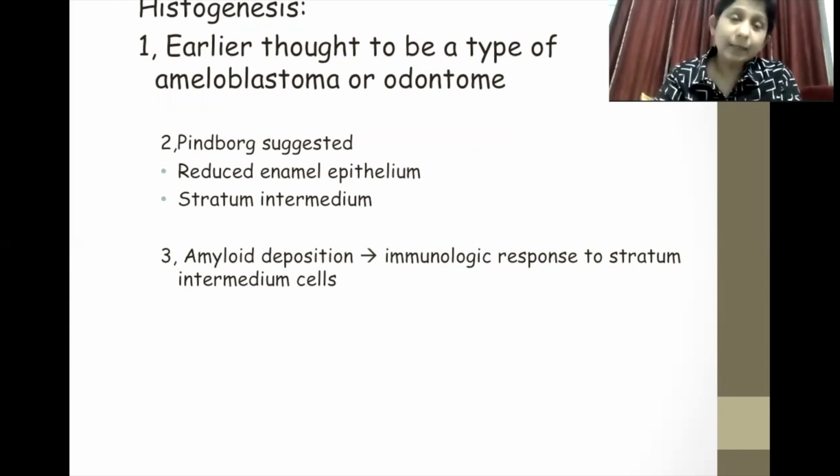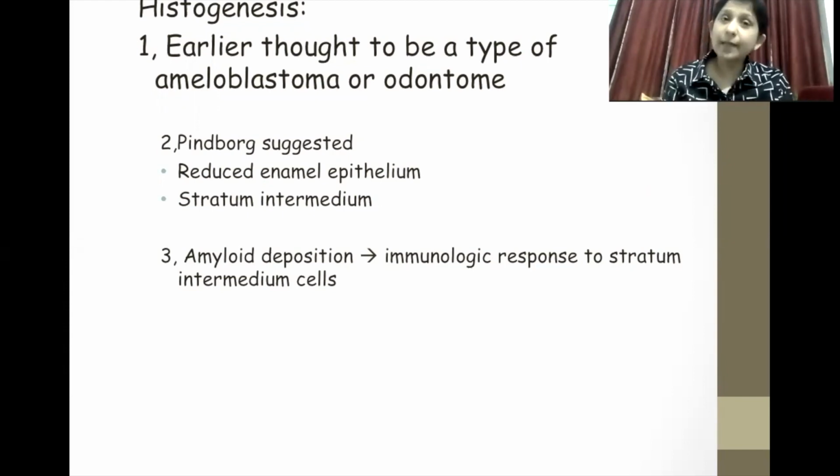Now, stratum intermedium is the squamous shaped cells which are seen very adjacent to the ameloblastic layer inside the enamel organ. And these stratum intermedium cells are very rich in alkaline phosphatase activity. So perhaps that is the reason why the calcifying epithelial odontogenic tumor shows a lot of calcifications. Now, the other suggestion was that it arises from the reduced enamel epithelium.